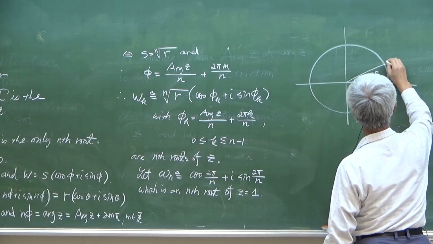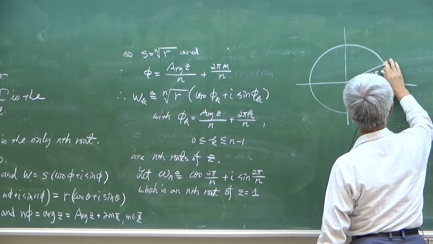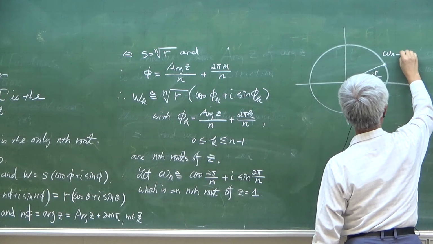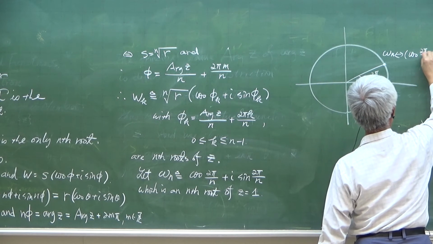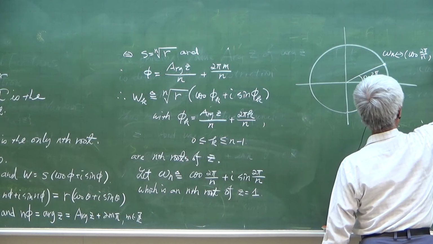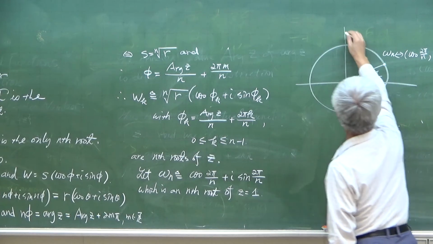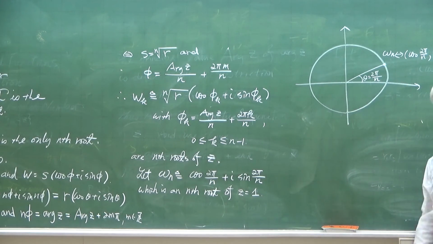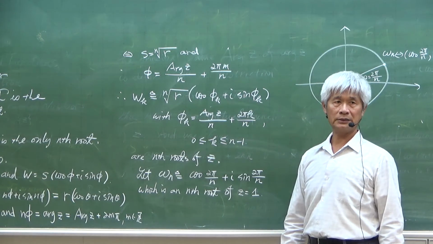So this number is omega n, cosine 2 pi divided by n plus i sine 2 pi divided by n. So this point represents omega n. It's a complex number, and this complex number is an nth root of 1.